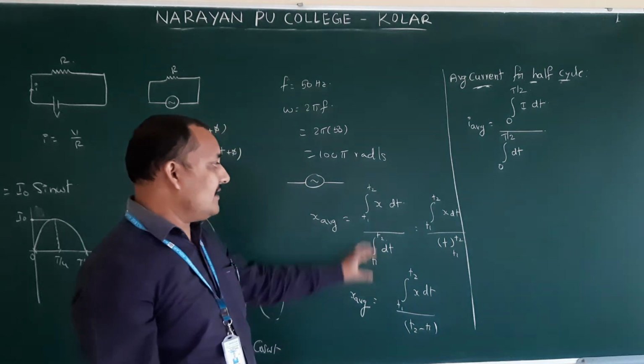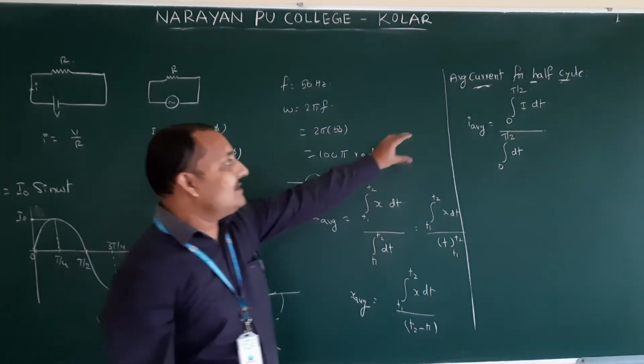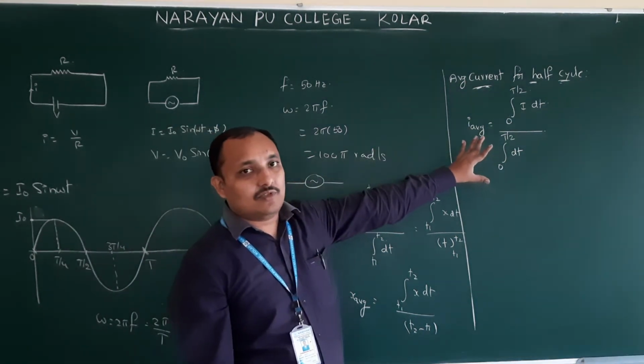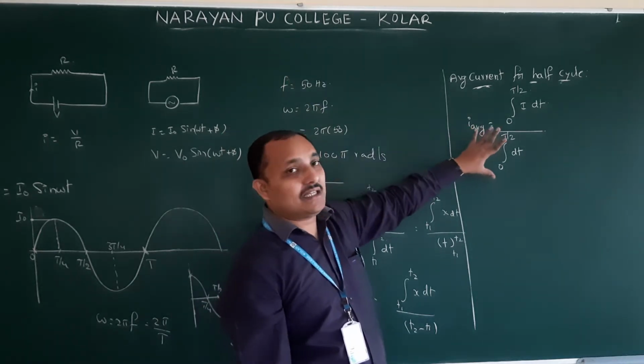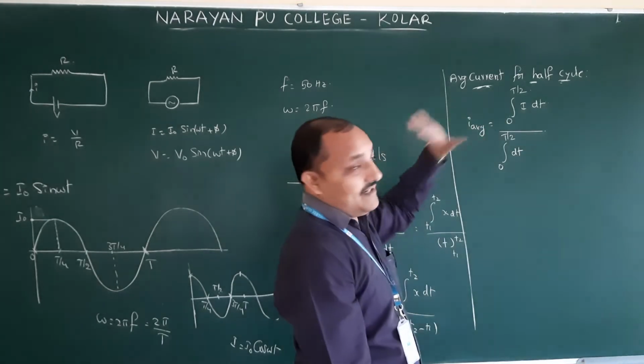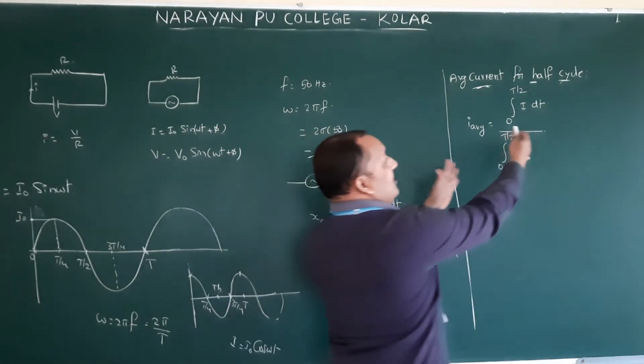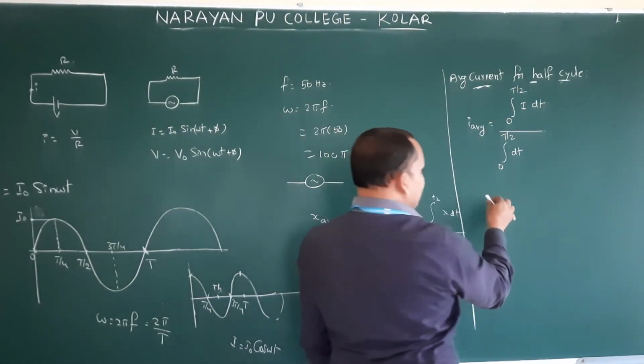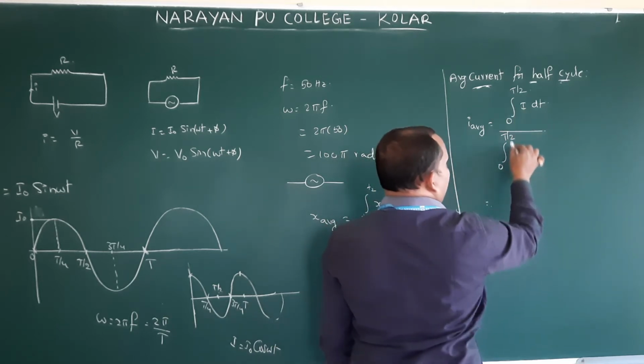Understood how we wrote the equation? This is the mathematical equation; it is not coming from the sky. The average value is this general equation, and from it we wrote current in place of x, from 0 to T by 2.